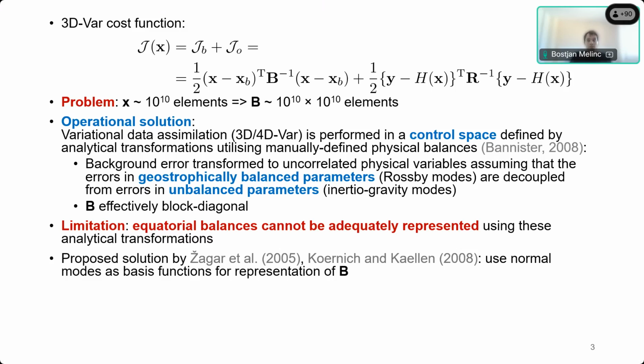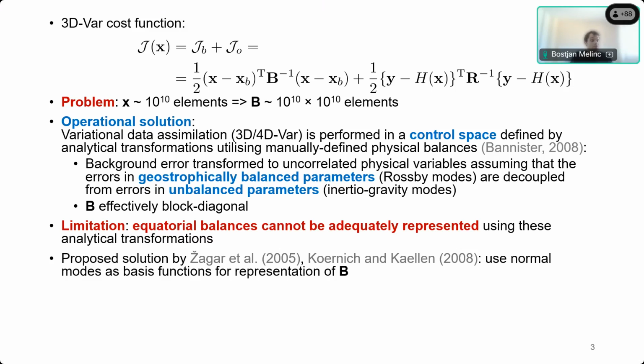Now, this idea of having either geostrophically balanced or unbalanced parameters is theoretically well based in mid-latitudes, but in the tropics we have a weaker Coriolis force, and therefore there are also other balances which are not adequately represented using these analytical transformations.